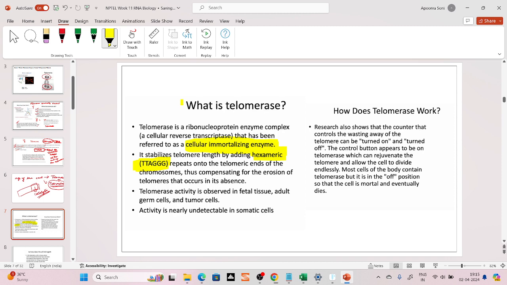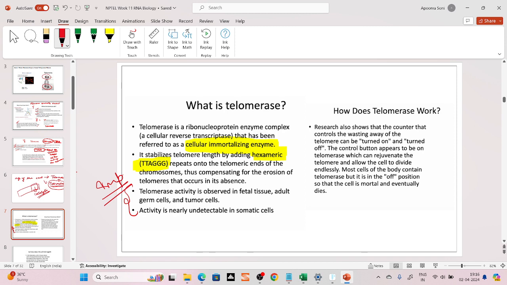Activity is nearly undetectable in somatic cells. Now, these two points are very, very important. Always remember these points. Why am I saying so? Because in subsequent lectures and slides, you will see that this is what decides the activity of the telomerase enzyme.